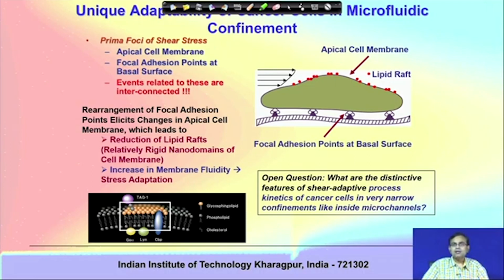So, as a resistive measure, for example, for advanced stage cancer, one could have a targeted drug delivery of lipid raft inhibitors. If you could target lipid raft inhibitors in the cell membrane, then the lipid raft will not be allowed to move from the cell membrane to inside the cell.